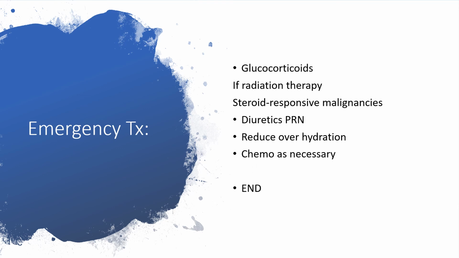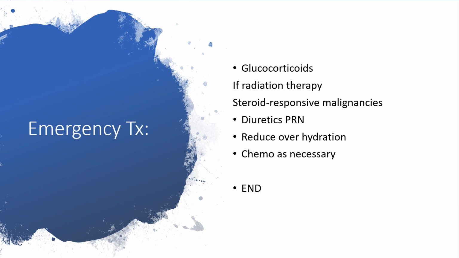Okay, still in emergency room, we can make use of glucocorticoids if we're battling with radiation therapy or the malignancy is steroid responsive. We can use diuretics as may be required. It is good to hydrate well, but we should avoid overhydration.